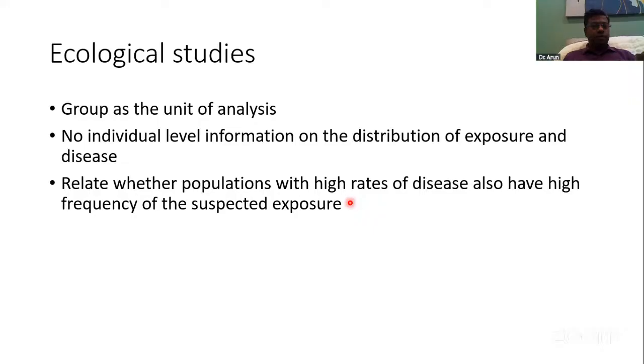That will give you an idea of the magnitude of the problem in that region, and at the same time it will be helpful to generate hypotheses and what can be done to mitigate that problem. As already mentioned, you will get data based on the group, so you won't get the data at individual level. That is the main limitation of ecological study.